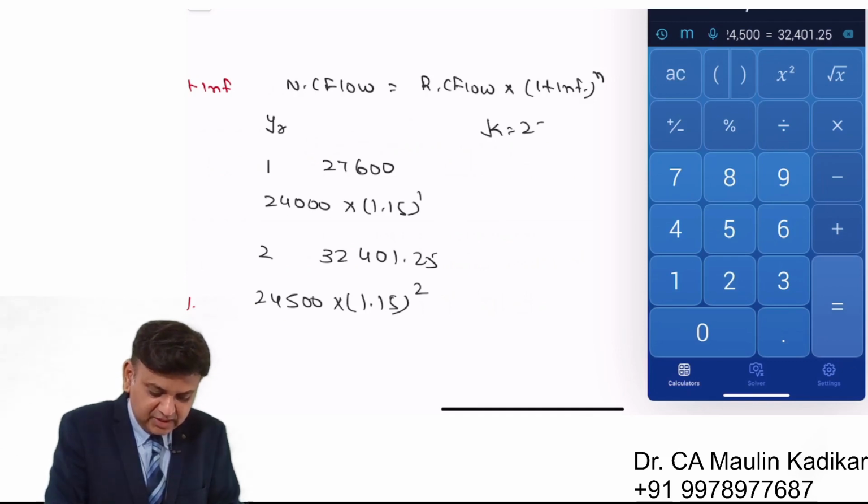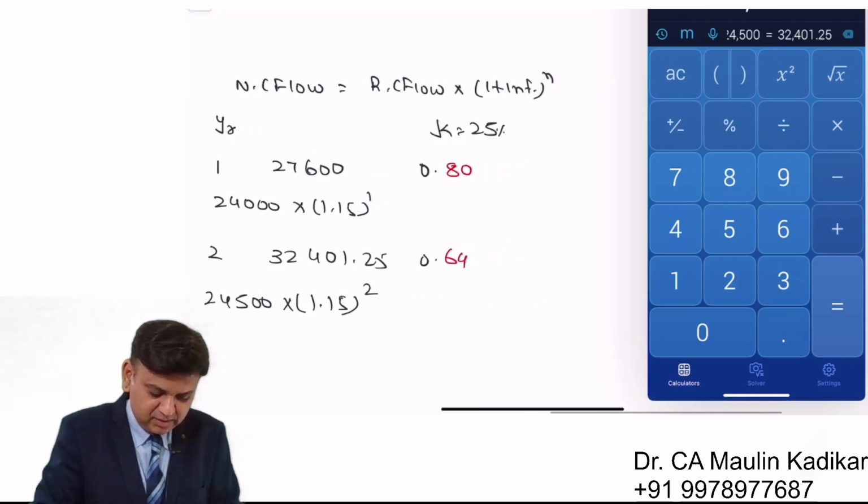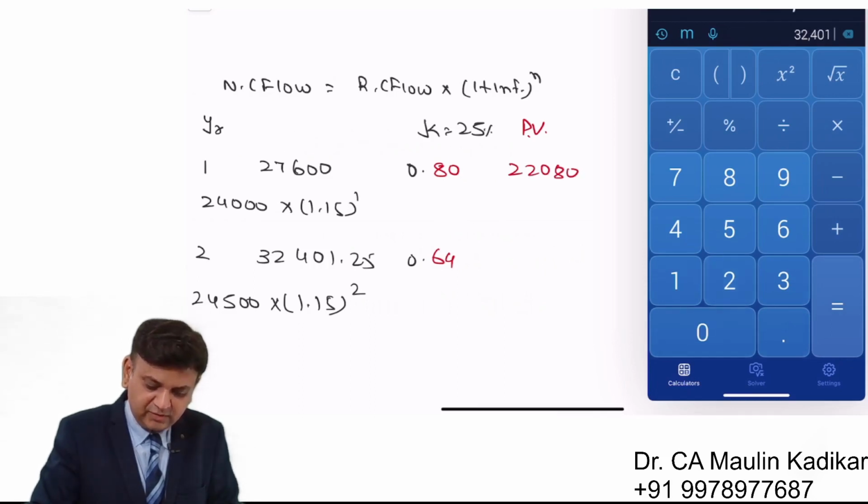It will be discounted at 25%. Sir, why directly 25%? Because 25% is the nominal cost of capital. We'll compute the present value. 27,600 into 0.8, that is 22,080. 32,401.25 into 0.64, that is 20,736.8.